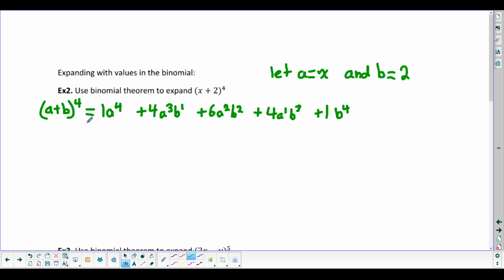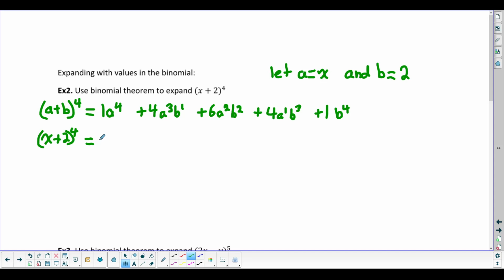Okay, so now we'll substitute these values back in. If we want x plus 2 to the power of 4, then we'll substitute them back in. We don't really need to write the multiply by 1 here. It's nice. I like to write it when I do this first line just because it's denoting the place where I'm going to put in an exponent.